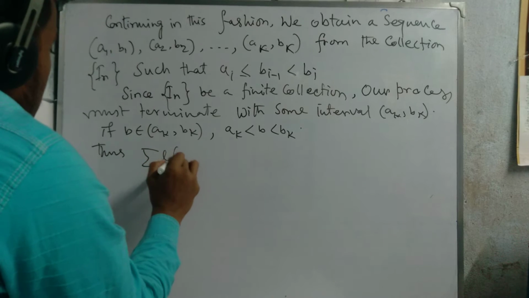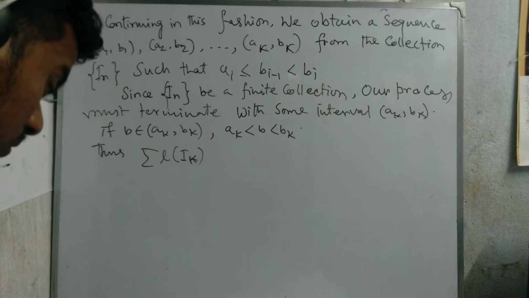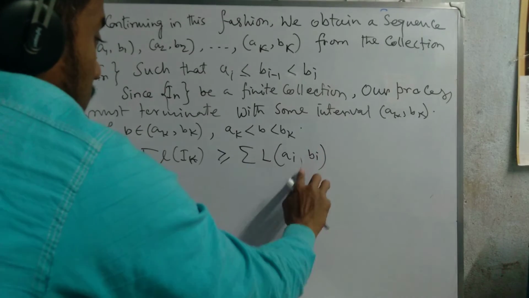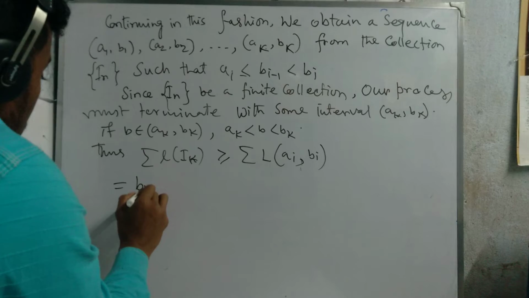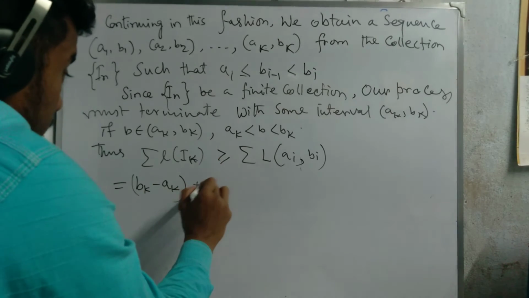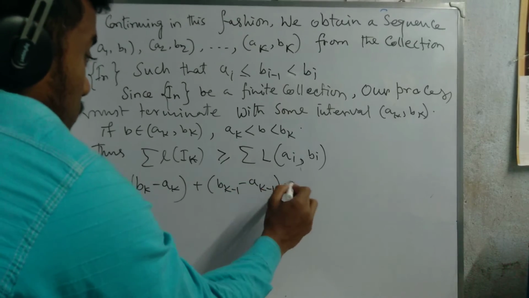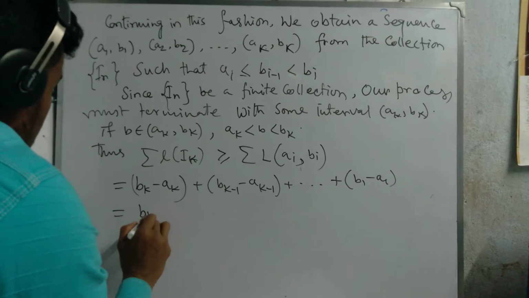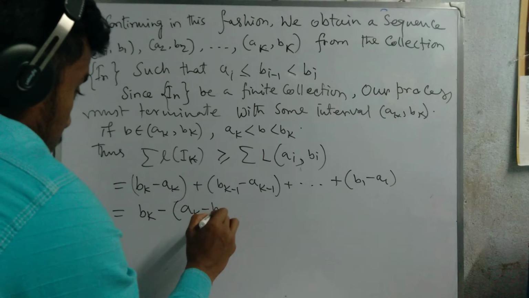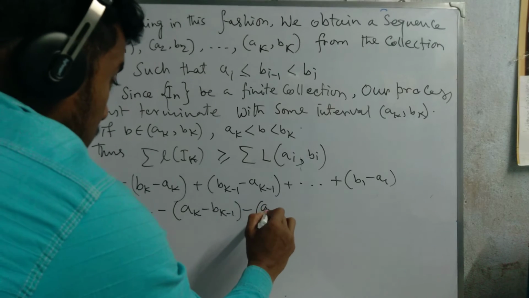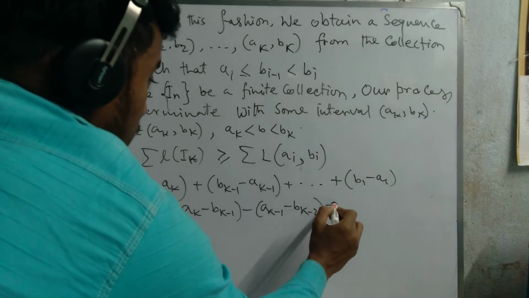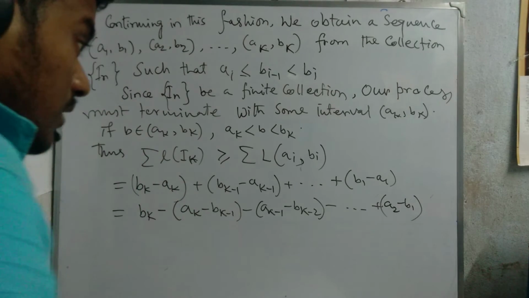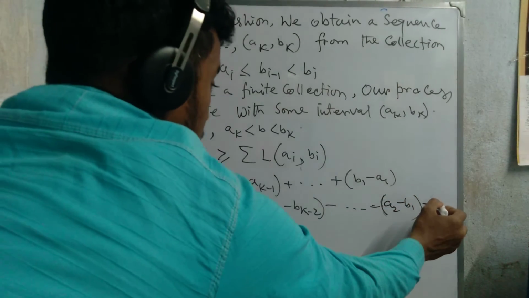Thus the summation of l(In) or l(Ik) is greater than or equal to the summation of l(Ai Bi), which equals Bk minus Ak, thus Bk minus Ak minus 1 plus B1 minus A1, which equals Bk minus Ak minus Bk minus 1, minus Ak minus 1 minus Bk minus 2, A2 minus B1, here minus A2 minus B1 minus A1.